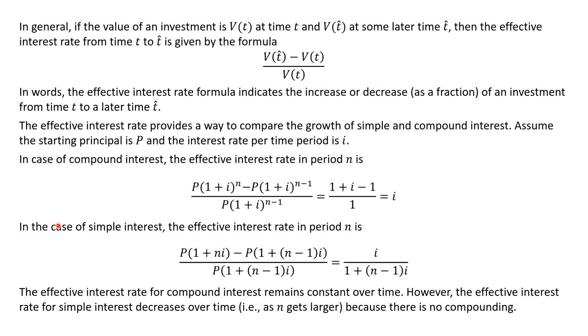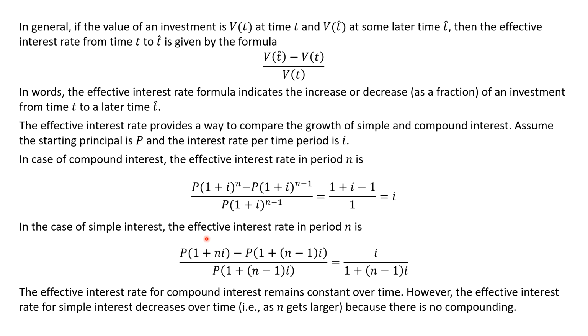We can do the same calculation for simple interest. This is the amount of money you would make after time n minus 1. There isn't any compounding, but I guess you could still talk about different time intervals. And then this is at time n, and then you divide by the amount after time n minus 1.